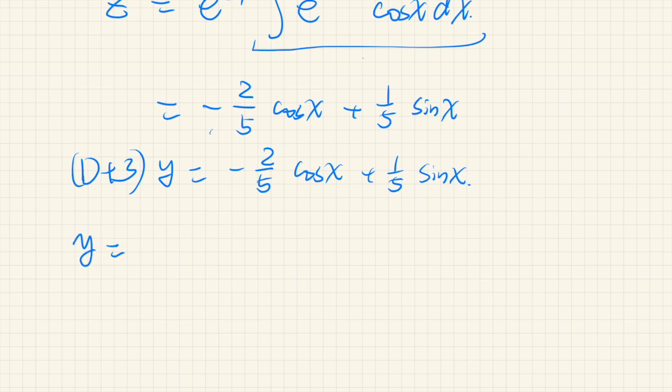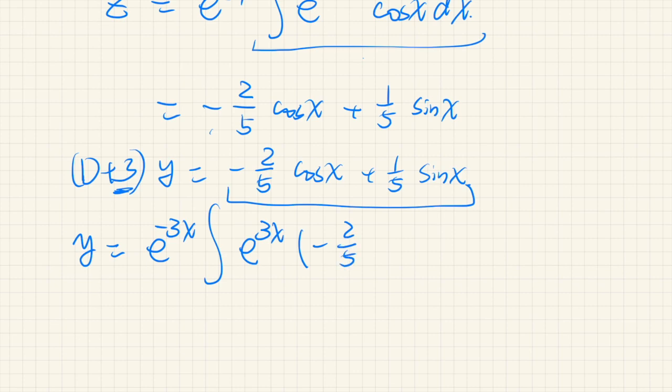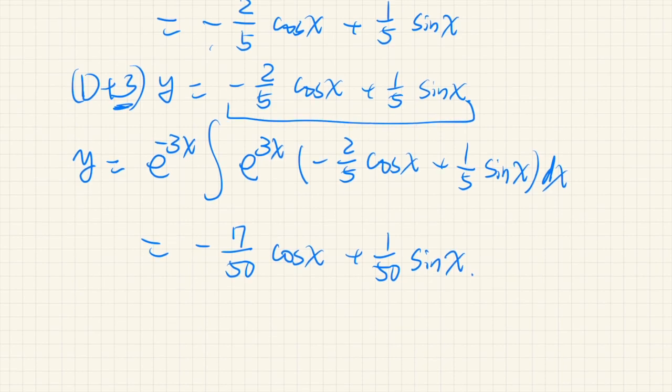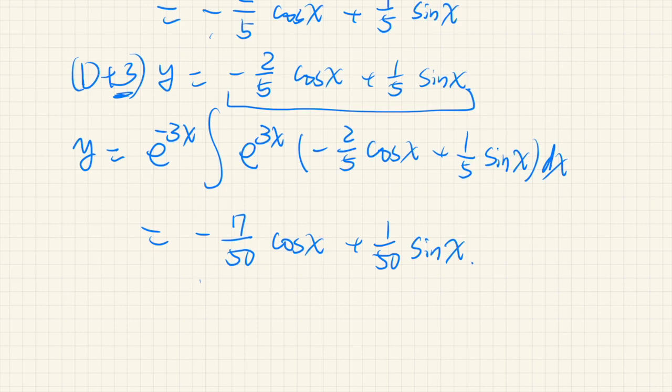So y is equal to exponential of negative 3x, the 3 coming from here, times the integral of exponential of 3x and this function. This is a bit of a tedious integral, but it's doable. And the result should be, you should check this, negative 7 over 50 cosine x plus 1 over 50 sine x. So this is a special solution.